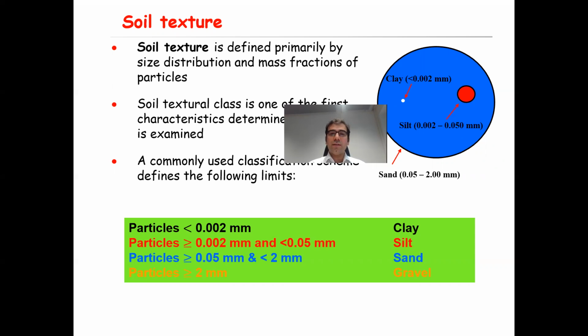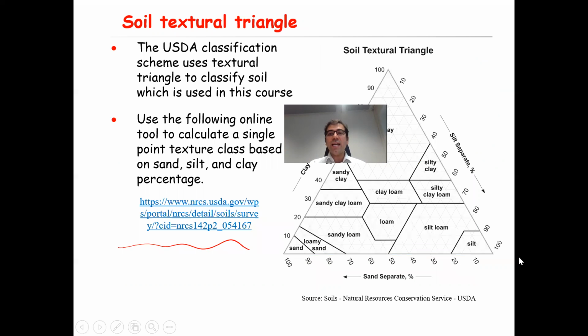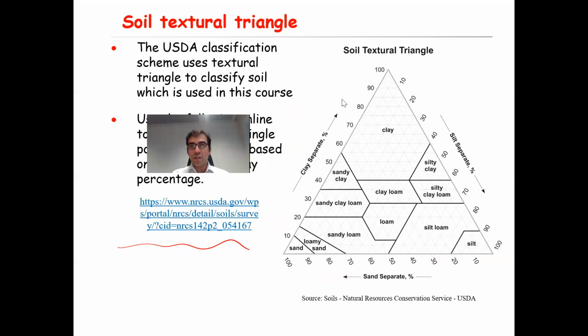So you can determine the fraction of clay, silt, and sand, or gravel, in your soil sample, based on the particle size that you determine, let's say by the sieving method or any other method. Now you have the fractions, so you go through this soil texture triangle and determine the texture of your soil. That could be clay, clay loam, silt loam, and so on.